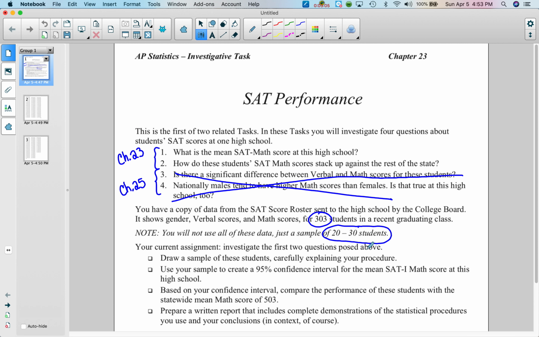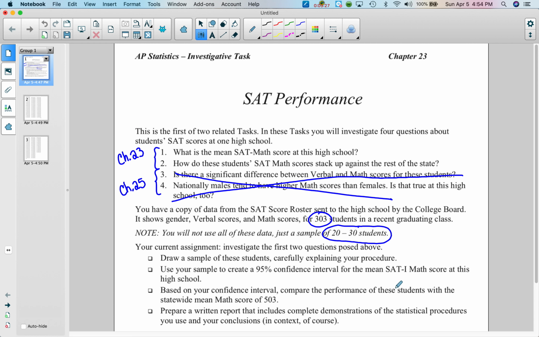So here is your current assignment. You are investigating just these first 2 questions. First, you're going to draw a sample of these students, a sample of 20 to 30, and you are going to carefully explain your procedure. Then you are going to use your sample to create a 95% confidence interval for the mean SAT math score at this high school, just the math score.